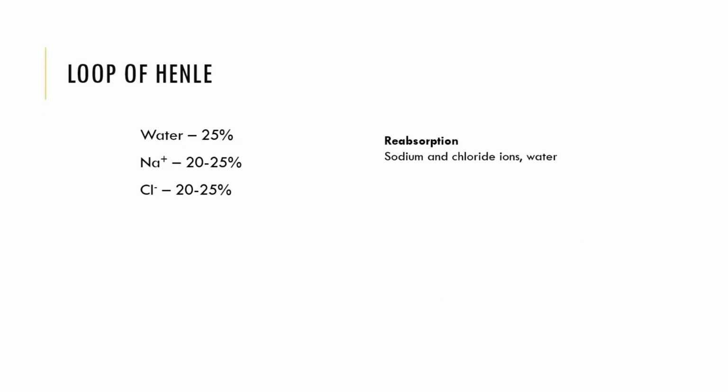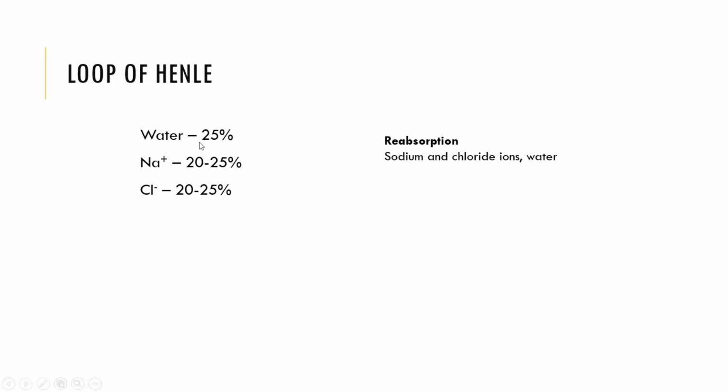Okay, and then kind of tying these ideas together, we learned about the PCT and the DCT. So the loop of Henle basically leads from the PCT to the DCT. And another way to think of the loop of Henle is the nephron loop. So basically it's a portion of the actual nephron.